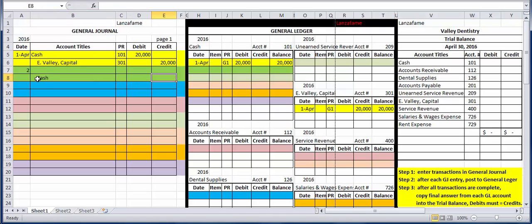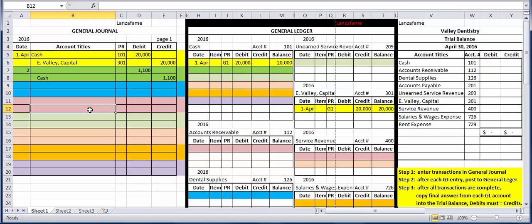Let me reread the rest of the sentence. Paid office rent for the month $1,100. So we are going to have a transaction involving $1,100. So that means both the debit and the credit have to equal $1,100. So because of the word paid, I instantly knew I had to credit cash.